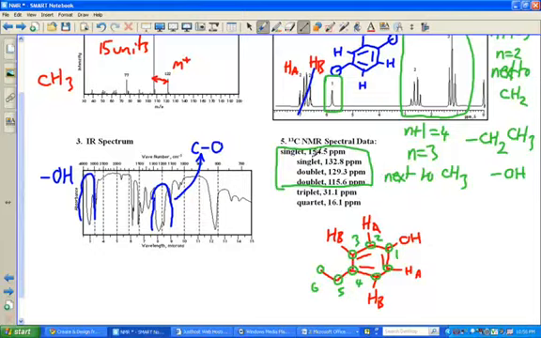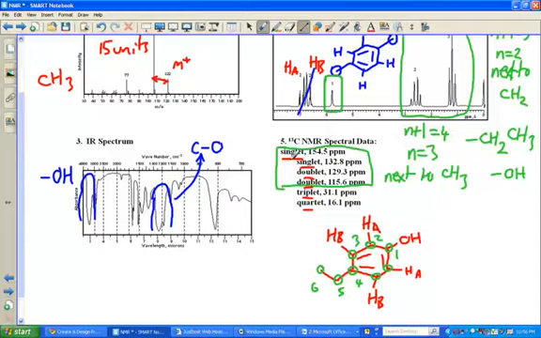Now let me just tell you a little bit about what all this business means. Singlet, singlet, doublet, doublet, doublet, triplet, and quartet. It doesn't mean quite the same as what it means in a proton NMR. In fact, I'm not going to go into the theory behind exactly what it means. I'm just going to go through how you can recognize what is what.